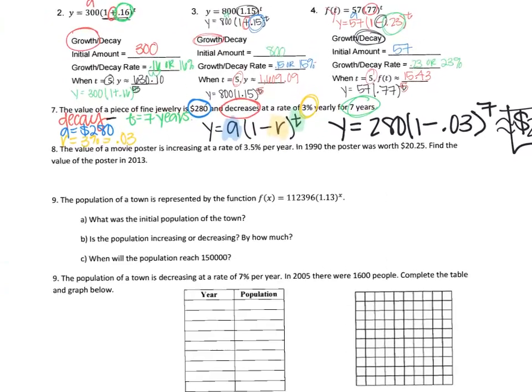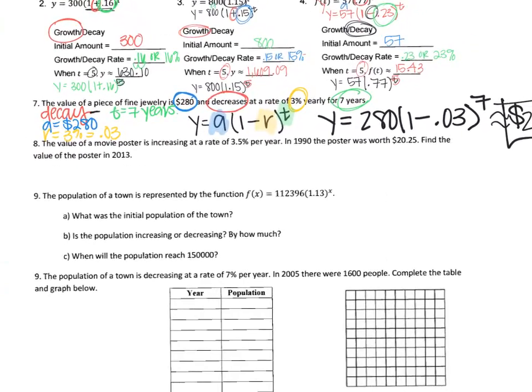Let's try the next number. The value of a movie poster is increasing at a rate of 3.5%. In 1990, the poster was worth $20.25. So the initial amount was $20.25.